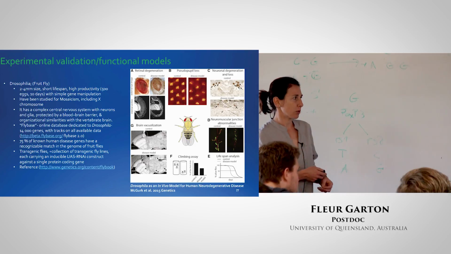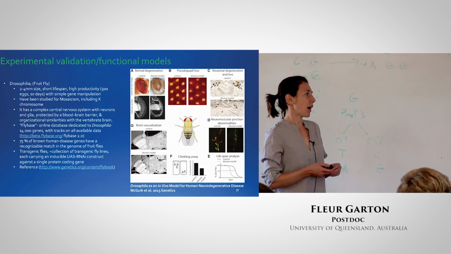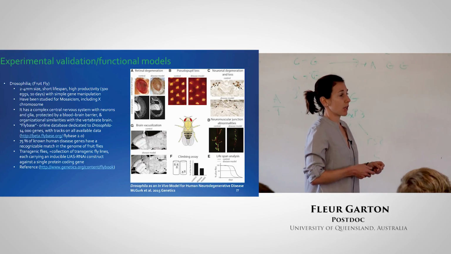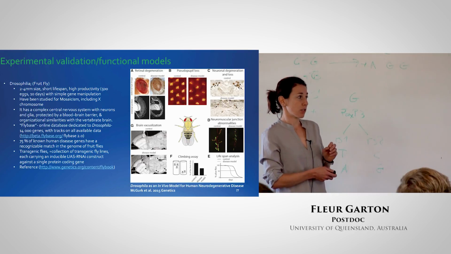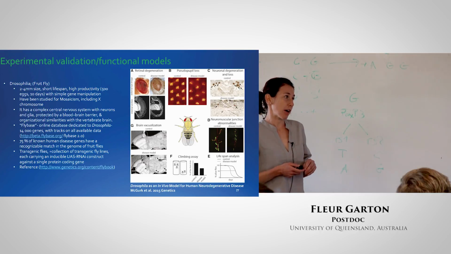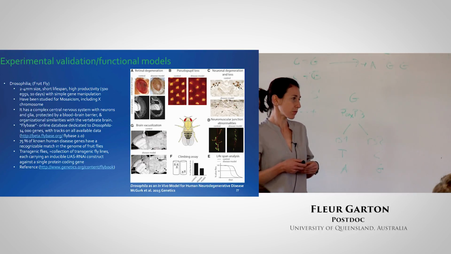It does actually include a primitive brain, which is a nerve ring, and they have identified variants that alter foraging, memory and learning. It was actually the first animal that was sequenced, in 1999, and about 50% of genes have a human ortholog.